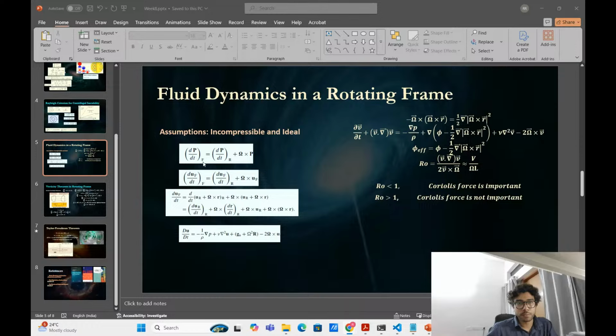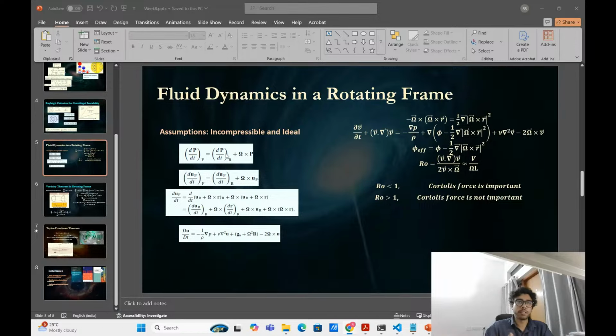By fixed I mean the stationary frame or the lab frame. So this is what you observe from the fixed frame, whereas this is what the jar observes, right? The fluid will also have some motion with respect to the jar.